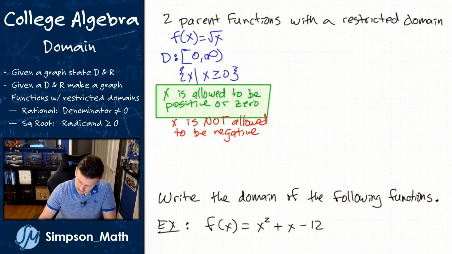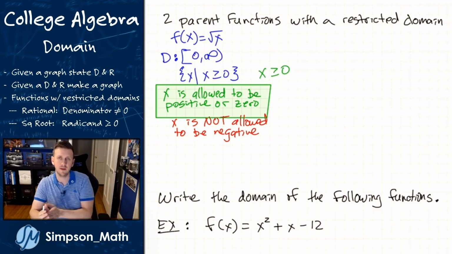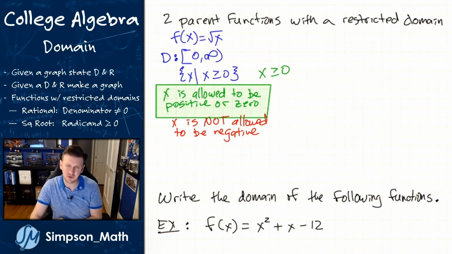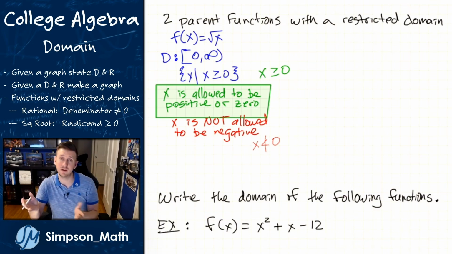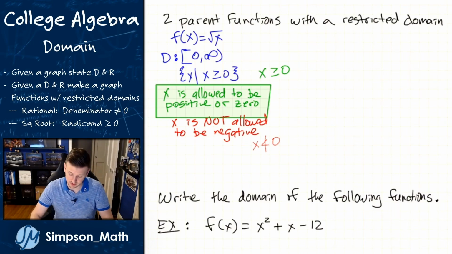So I'm going to say that x is greater than or equal to 0. With x being greater than or equal to 0, that is something definitive I can say. You can say x is not allowed to be negative, and so that would be x less than 0 with a slash through it. That's a weird symbol for most of us, so that's why I'm not using that. So we're saying x has to be greater than or equal to 0.